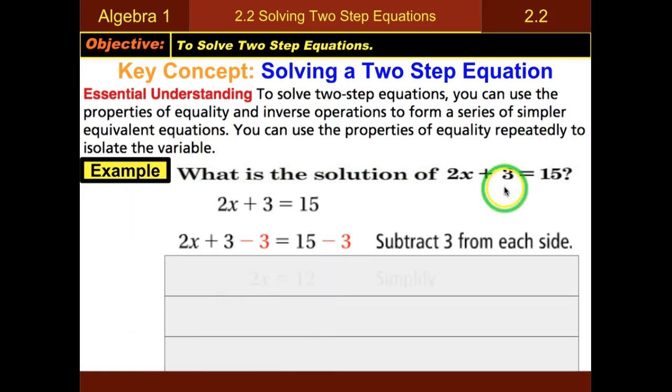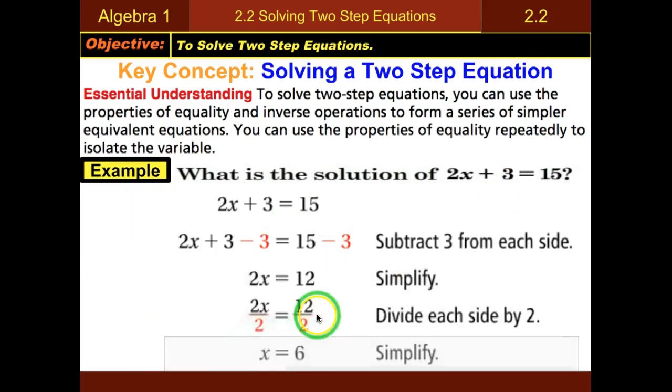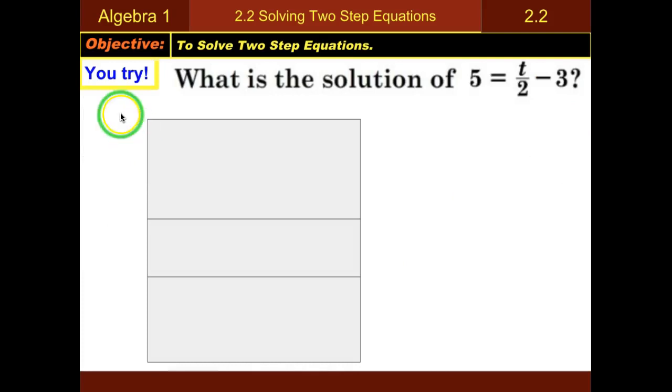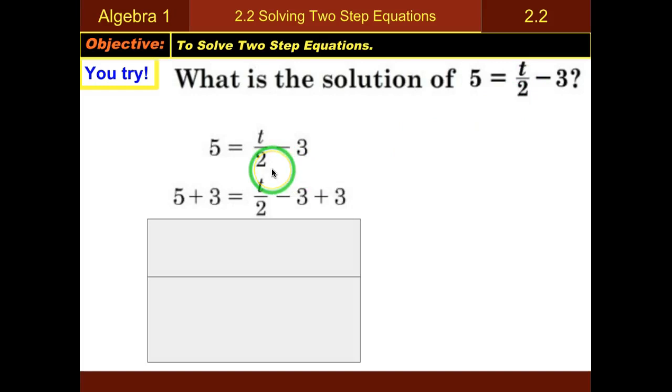After the example, it gives you the You Try. You can't click away these boxes because the You Try is for you to try, and then we go over it in class, which is what we did today. If I'm solving this, same thing.